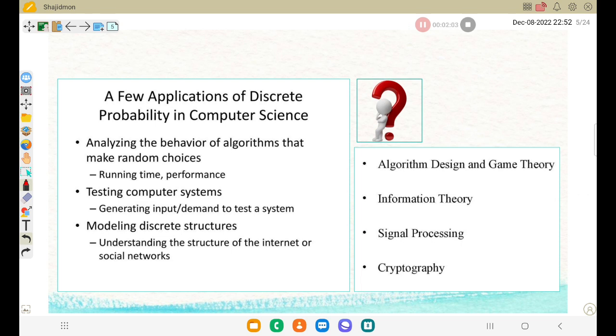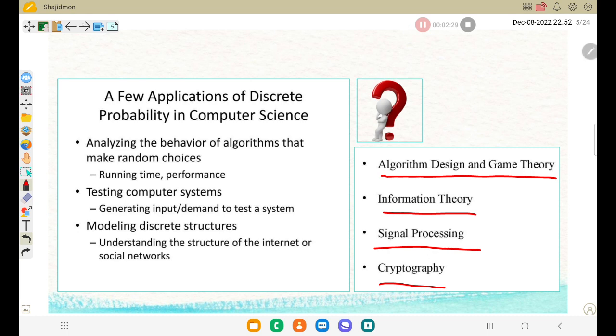Modeling a discrete structure, understanding the structure of the internet or a social network. So a lot of applications are there in computer science and other fields also, especially algorithm design, game theory, information theory, signal processing, and cryptography. These are some of the application fields of discrete probability.